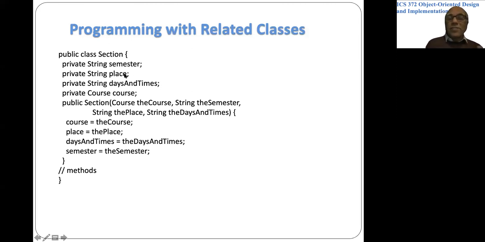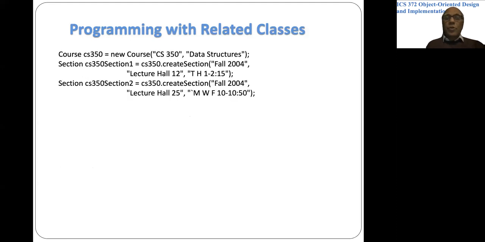Whereas the section itself is a different kind of stuff, so there is a relationship between courses and sections. So you create a course and then you create sections out of that course.